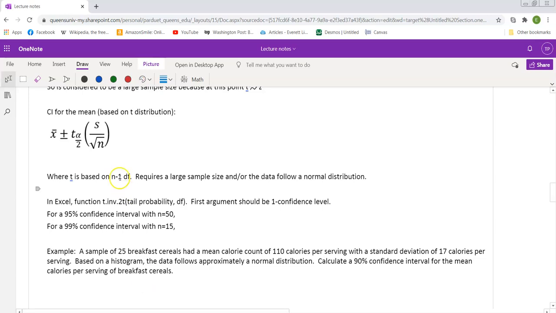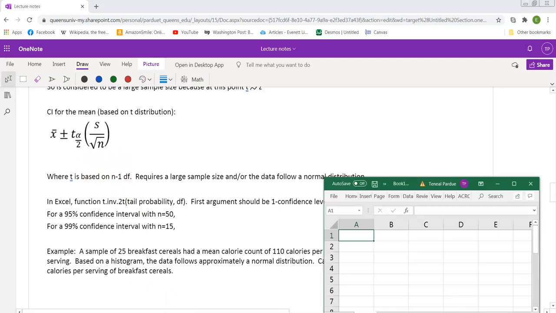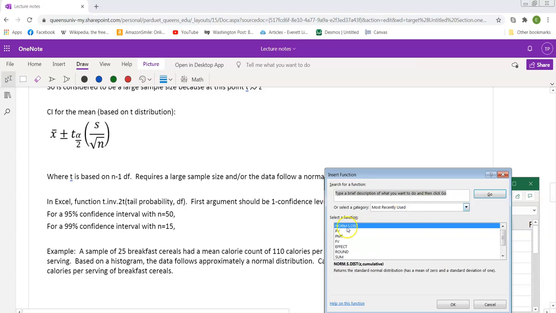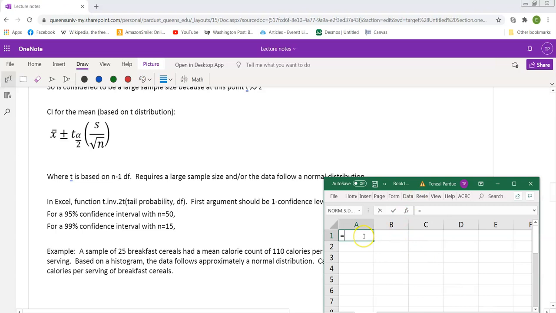To find values from the T distribution, it's very easy. All you have to do is use this Excel function, t.inv.2t. Okay, and you can hit the FX button to get some help with it.